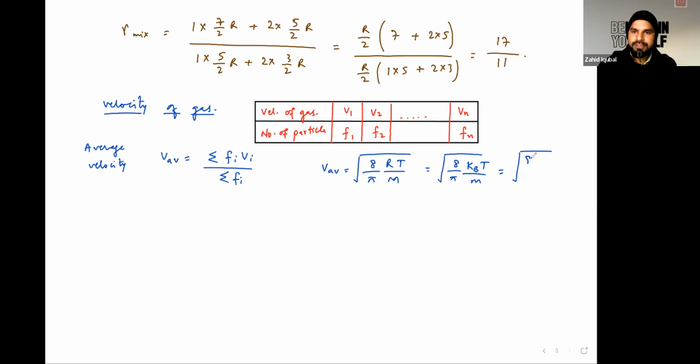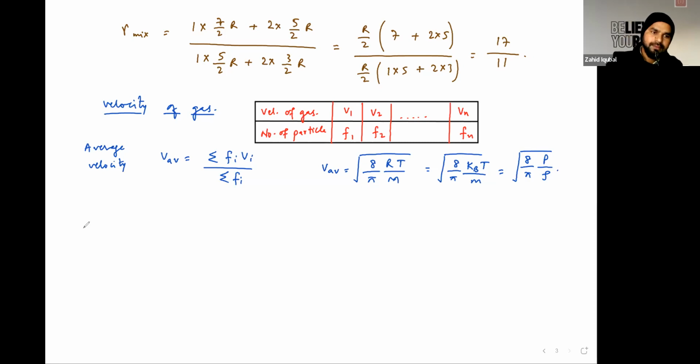In terms of pressure, it will be root of 8 by pi P by rho. You may use these different formulas according to the given question. This is for the whole volume, if you are given the whole volume of gas having temperature, mass, molar mass, or pressure or density.